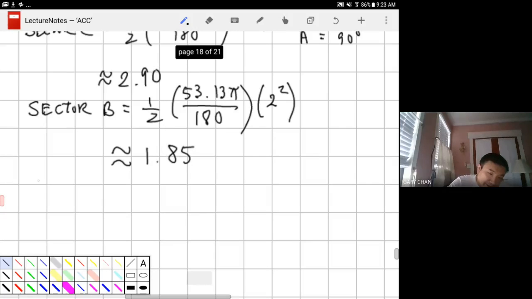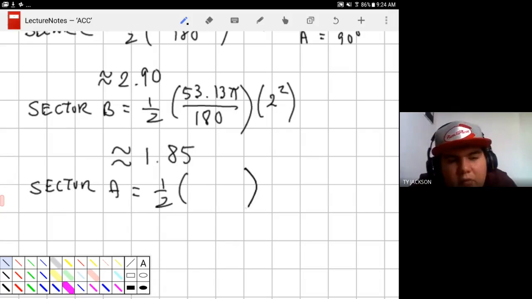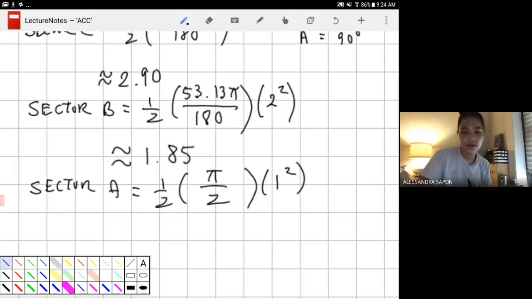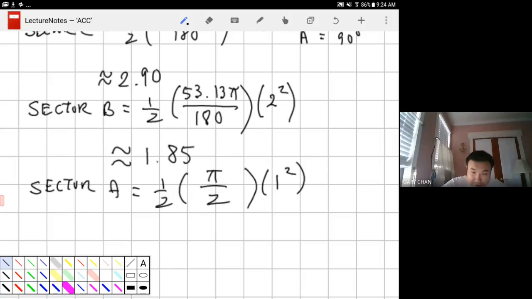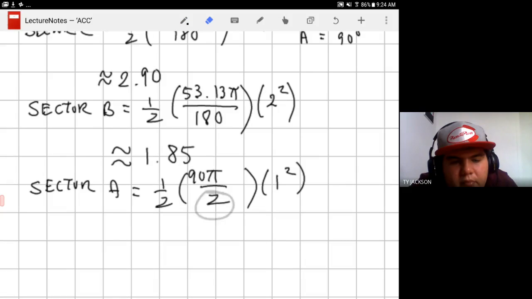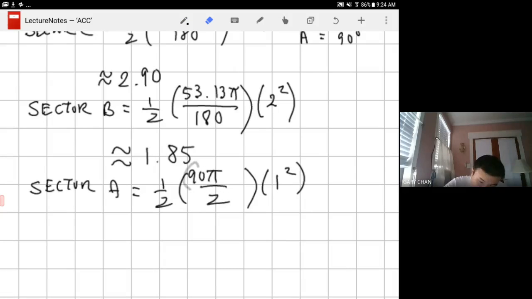And lastly, for sector A, it's 1/2 times pi over 2 times 1 squared. Wait, we don't put in the 90 degrees. Because 90 over 180 is 1/2, and we have pi on top. So that's right.